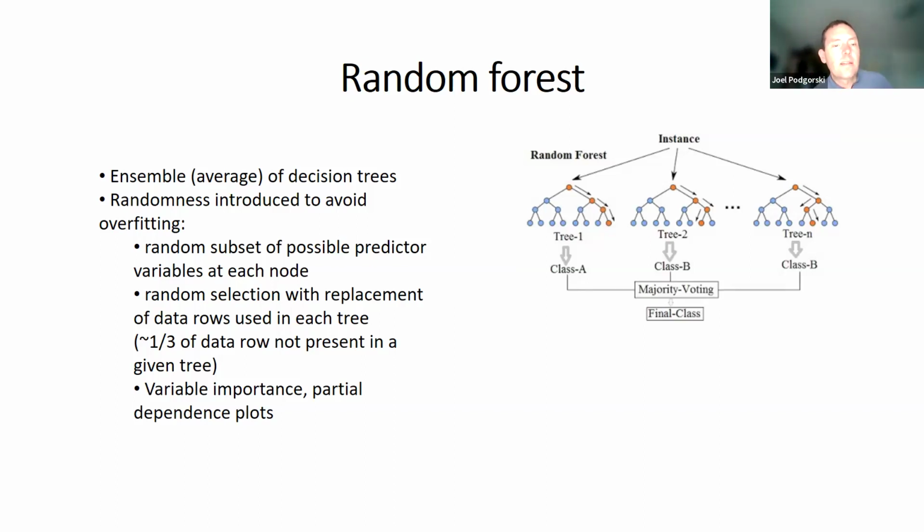The way this works is it's an average of decision trees. A decision tree is the building block of this. If you don't know what a decision tree is, let me see if I can explain it. It's trying to break down a target variable based on various conditions.